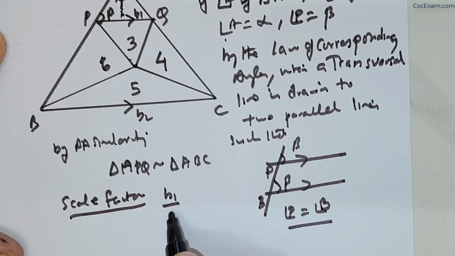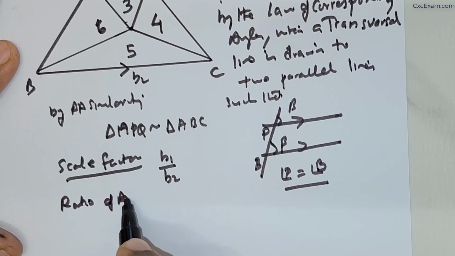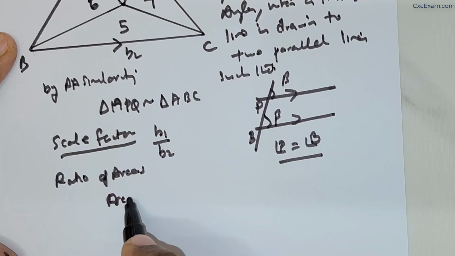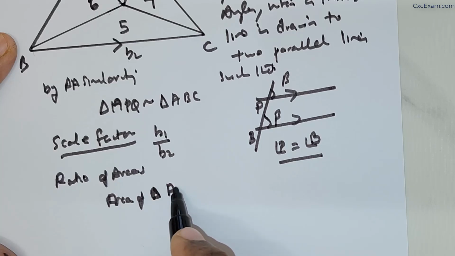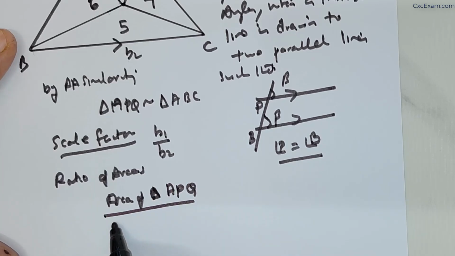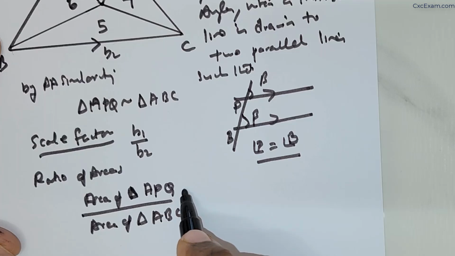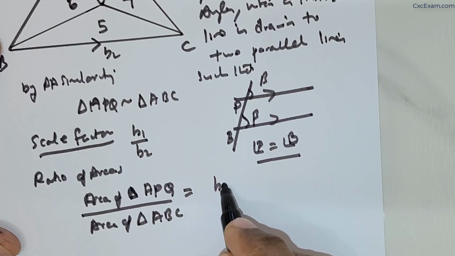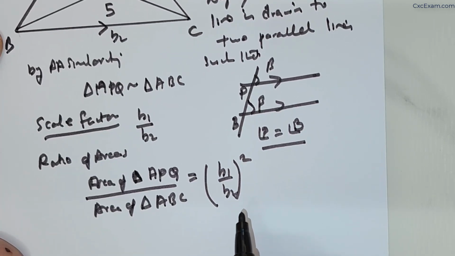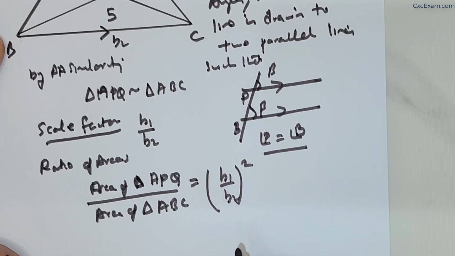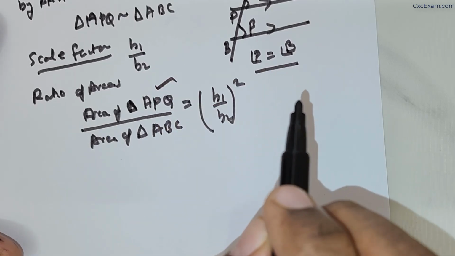In this case it's going to be B1 over B2, and then you consider the ratio of the areas. So area of triangle APQ over area of triangle ABC is going to be equal to b1 over b2 squared. So we would use this all important concept to find the area of the required blue triangle.